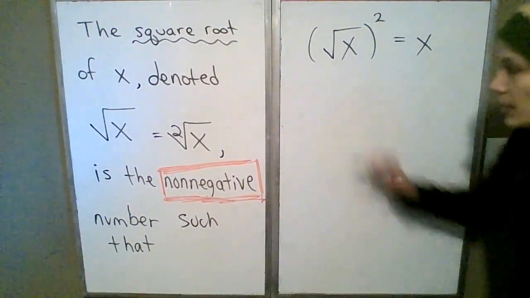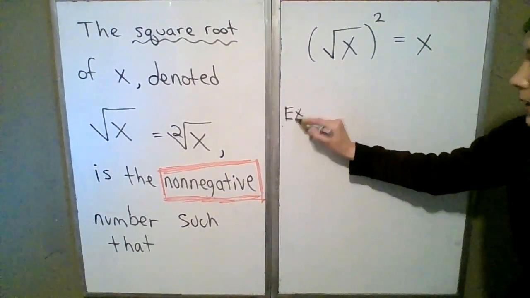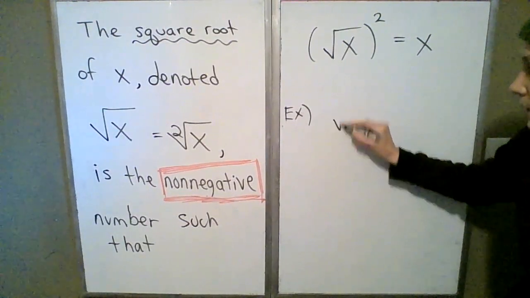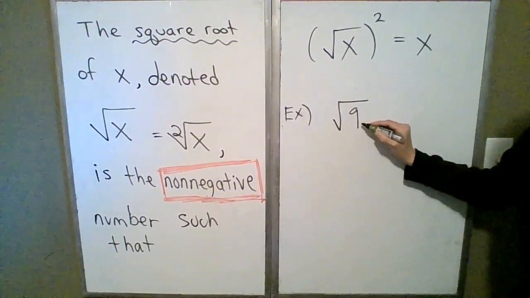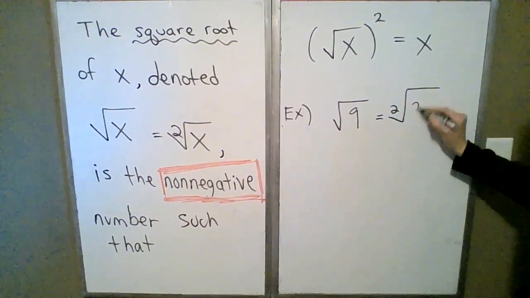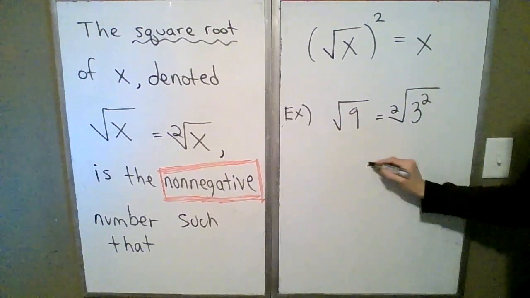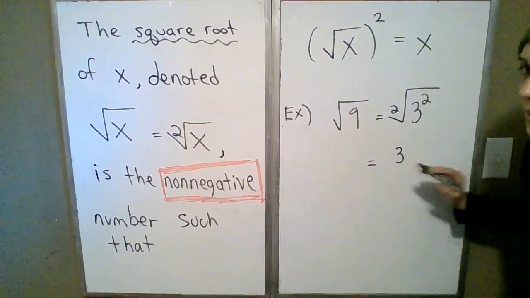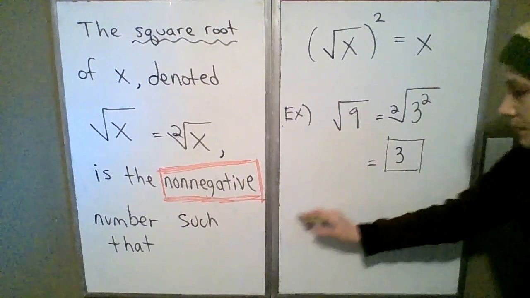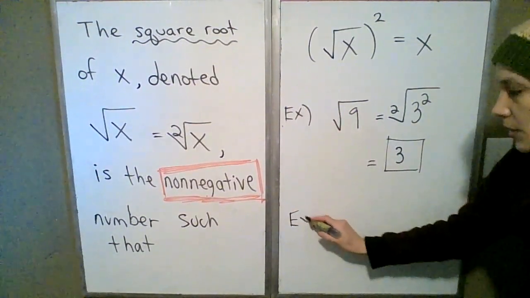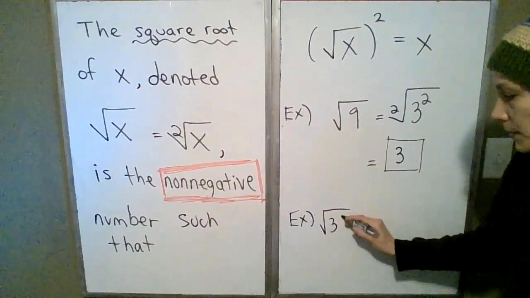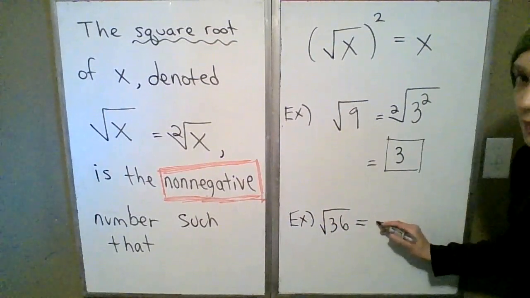Let's just show you what I mean. If you take a square root of 9, the result is positive 3. So you get your root 9, you can write it as a square root of 3 squared, which is positive 3. Not negative 3, positive 3. We have a root of 36. The answer is positive 6.